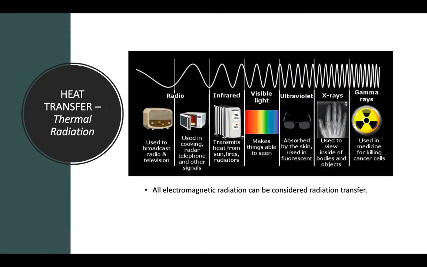All electromagnetic radiation can be considered as radiation transfer, like infrared, ultraviolet, visible light, radio and television waves, microwaves, X-rays, gamma rays, and so on, are all forms of radiation transfer.